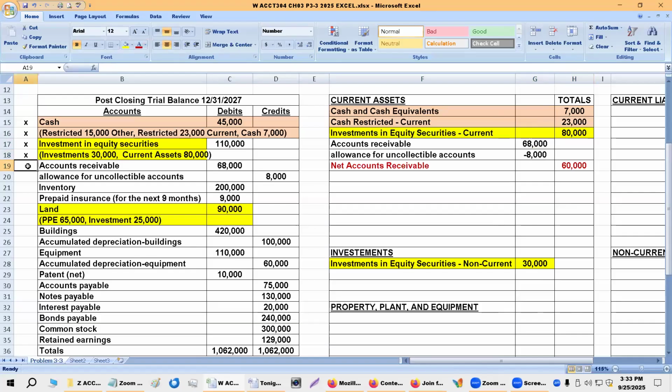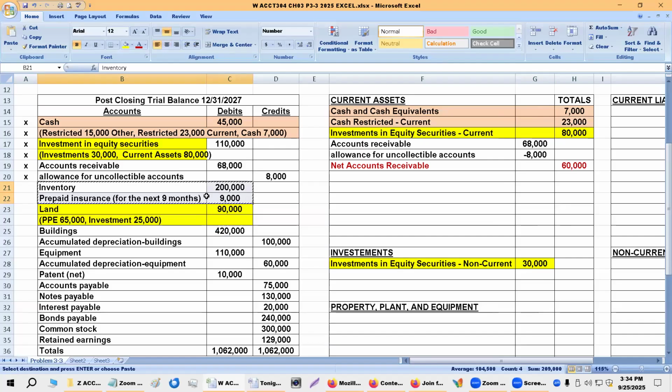Okay, let's get stuff out. Inventory, and prepaid insurance for the next 9 months. Those all look like we want them to look. Inventory is always going to be a current asset.